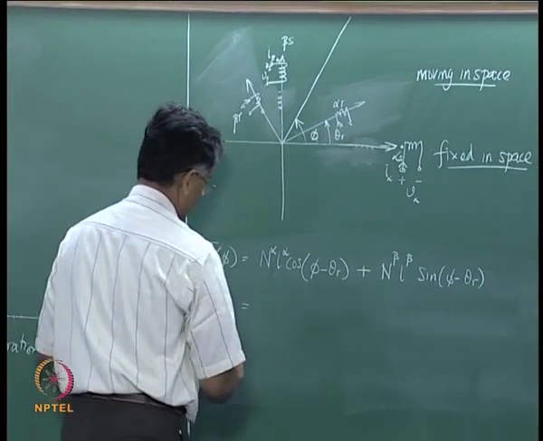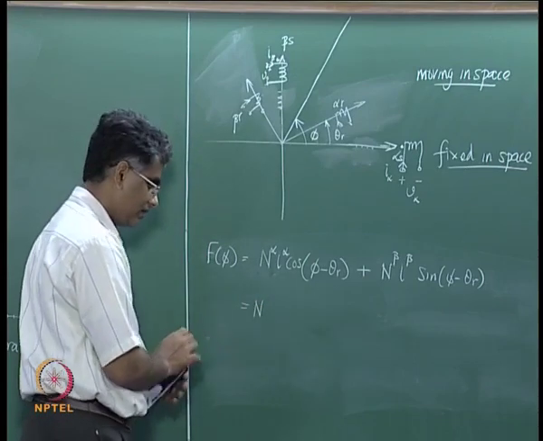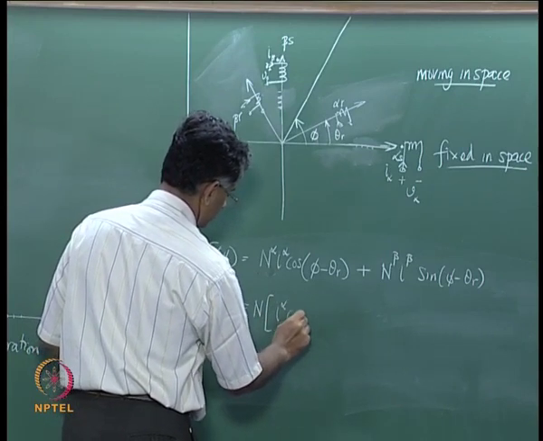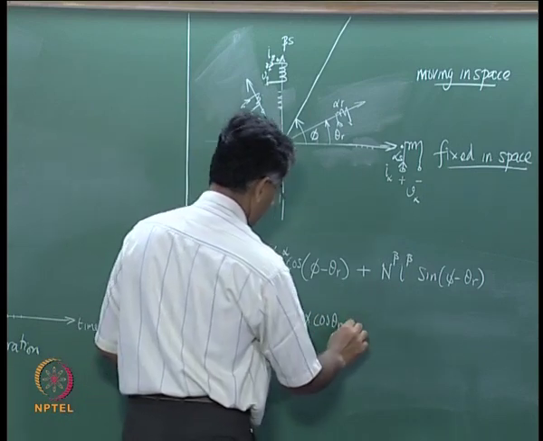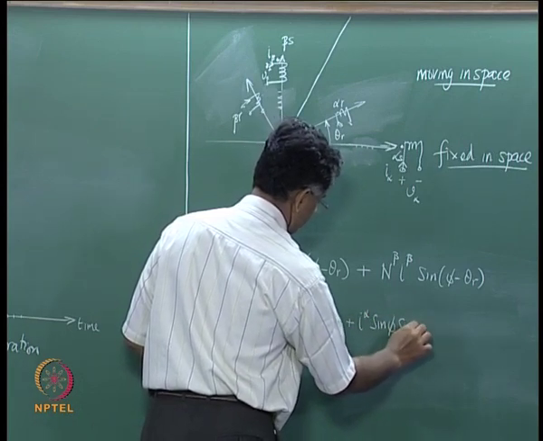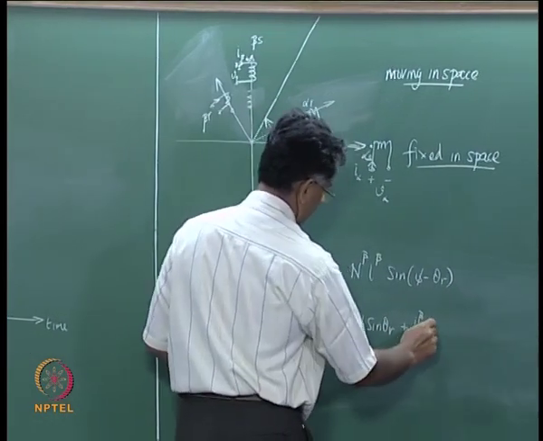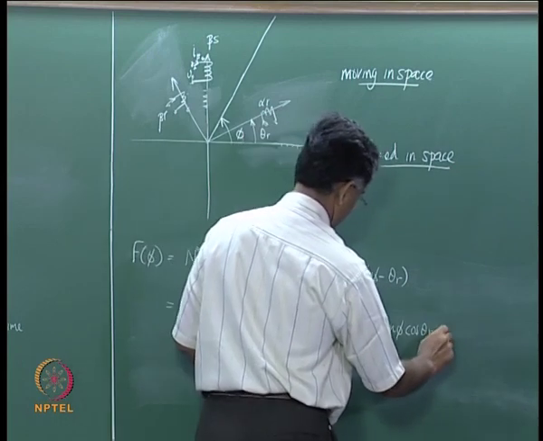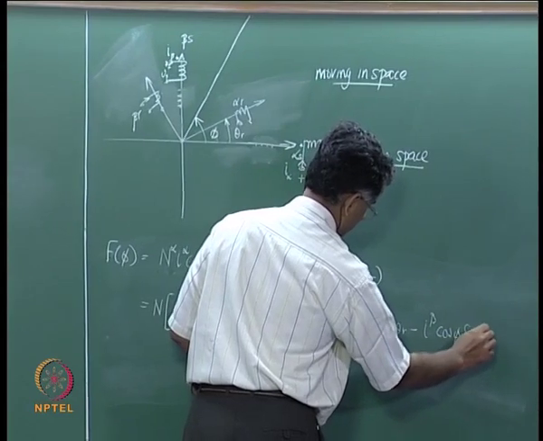So let us expand this expression, n alpha and n beta are the same, so let us denote that by simple n, multiplied by I alpha into cos phi cos theta r plus I alpha sin phi sin theta r plus I beta into sin phi cos theta r minus I beta cos phi sin theta r.